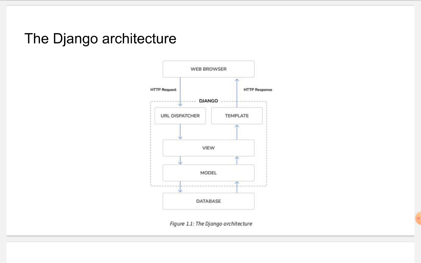First, a web browser requests a page by its URL, and the web server passes the HTTP request to Django.